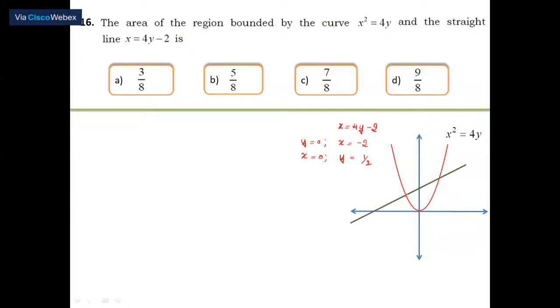So here the point on our x-axis is minus 2 comma 0, and the point on the y-axis is 0 comma 1 by 2.